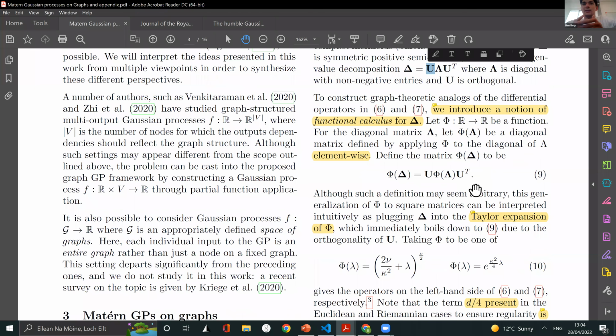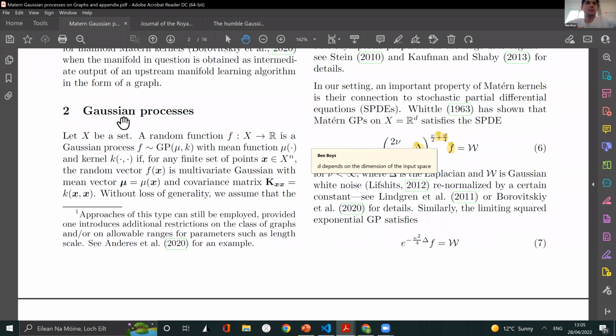So the notion of dimensionality doesn't make sense anymore, and it's not needed. This is an example of prior draws from the Gaussian process, and the values depend on the edges and how connected the node is to other values.